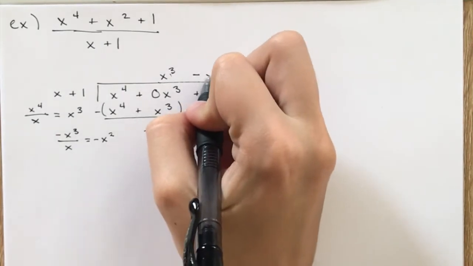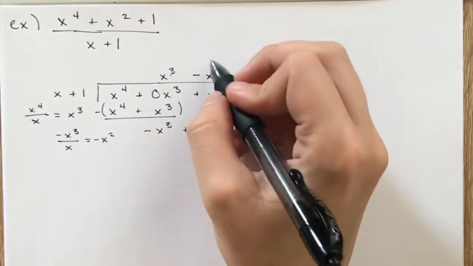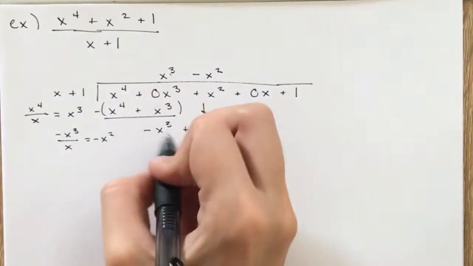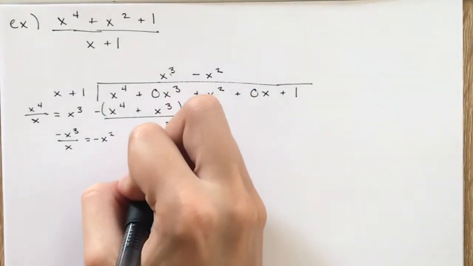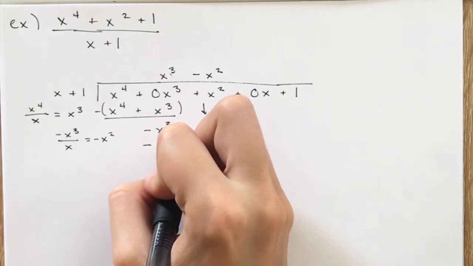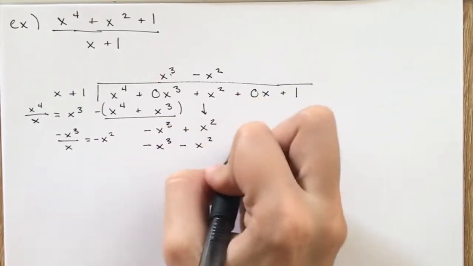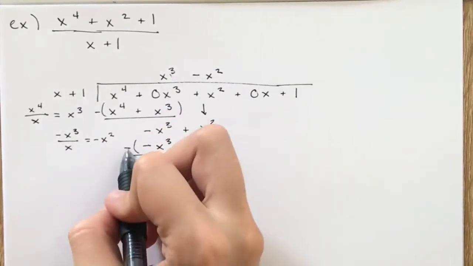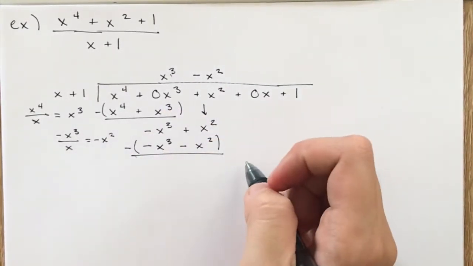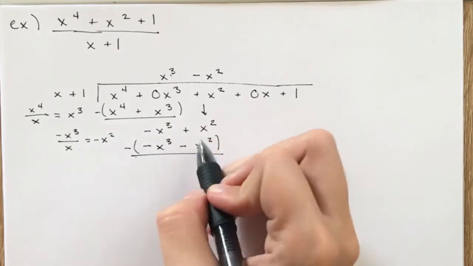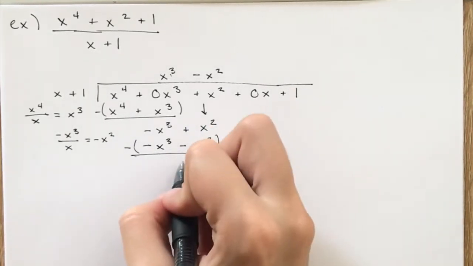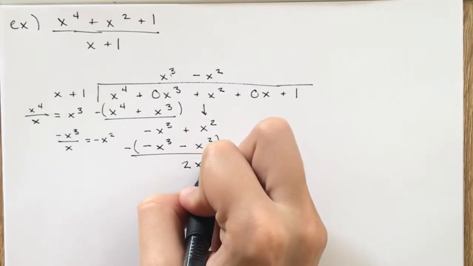That goes right here above x squared, because we want to line up our like terms. Negative x squared times x plus 1 is negative x cubed minus x squared. We are subtracting here. If we subtract negative x cubed from negative x cubed, we get 0. If we subtract negative x squared from positive x squared, we get 2x squared.